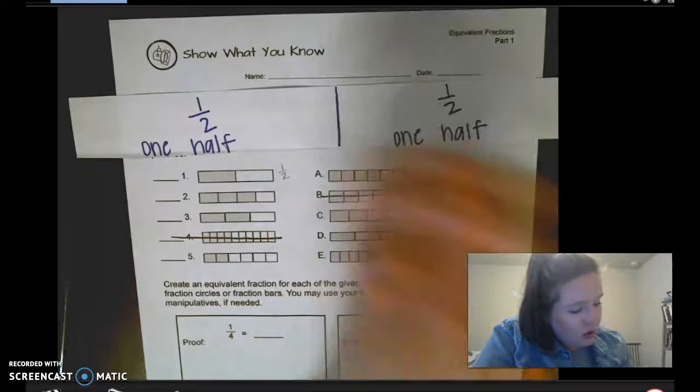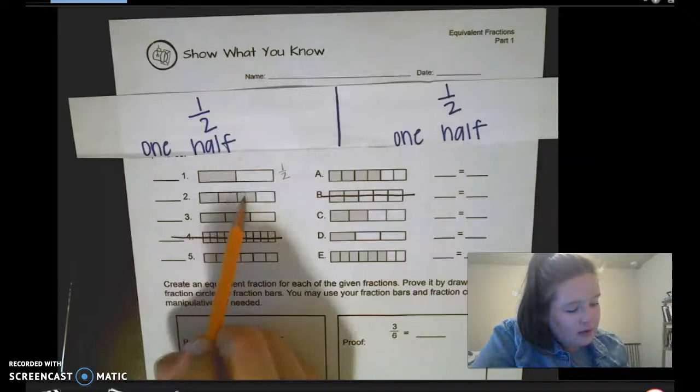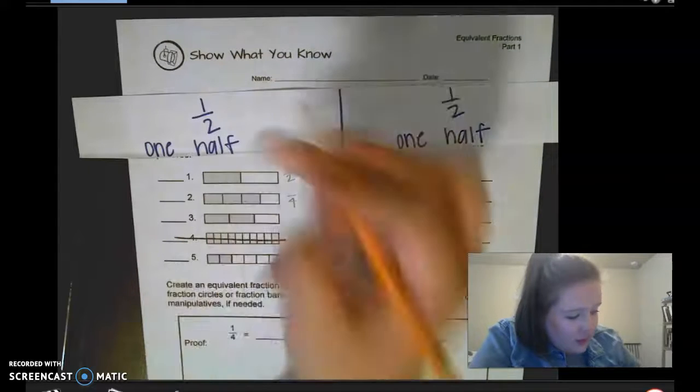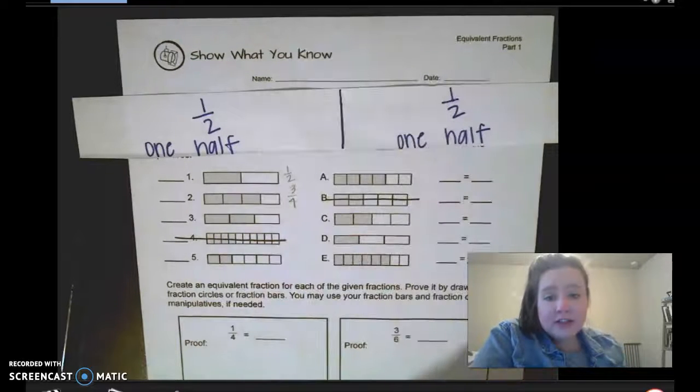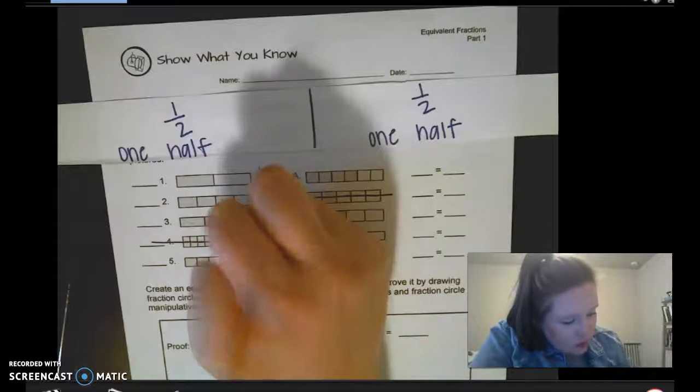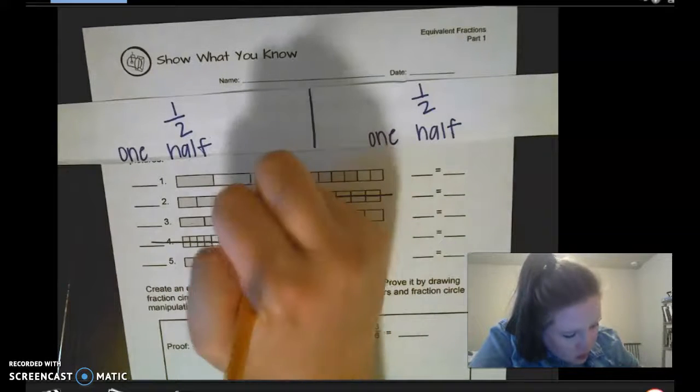I would label 1, 2, 3, 4. 1, 2, 3. So that's 3/4. 1, 2, 3. 1, 2.